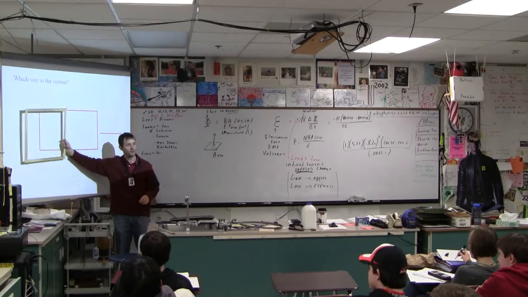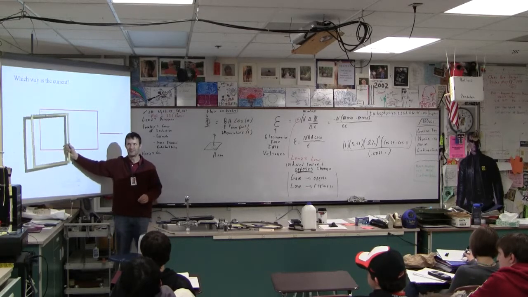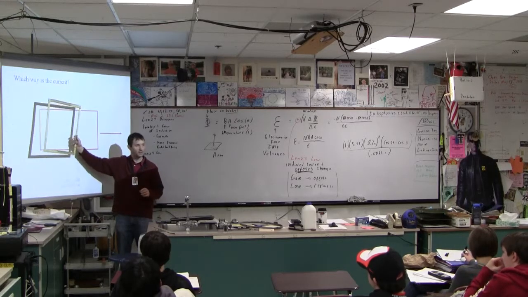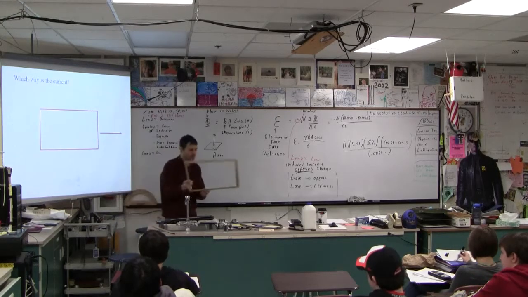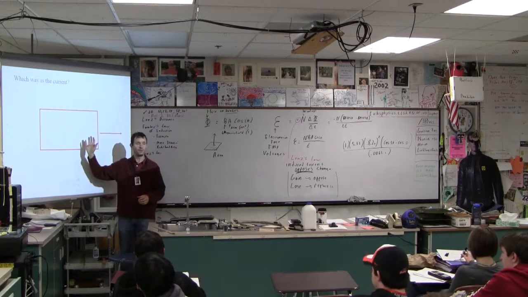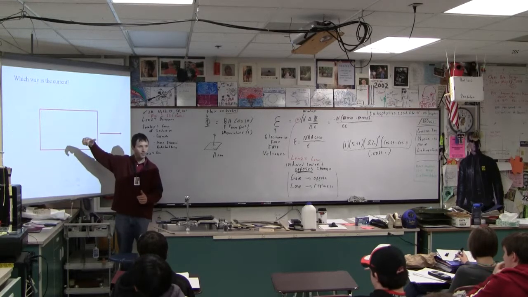Am I changing the flux? No, I'm not rotating it. I'm not changing the angle, right? It's just the same thing. I'm not changing the area, and I'm not changing the magnetic field, right? So that does not induce a current, right? It's a steady state. So in this case, we are definitely losing flux out of the page. What do we do? Replace it out of the page, right?